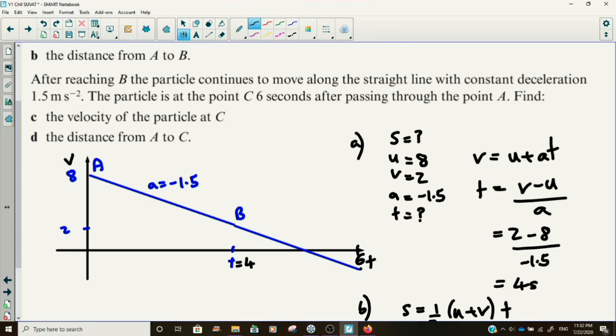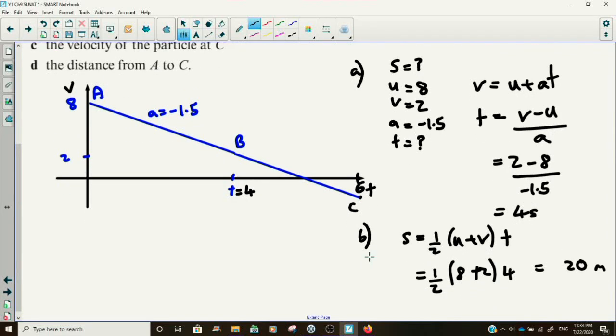And we're at this point here, which is point C. Okay, so find the velocity of the particle at C. Now, because the deceleration is the same from A to B as it is from B to C, then we can just treat this whole journey in one go if we wanted. Or we could just look at the journey from B to C. It doesn't really matter. So let's do part C over here.